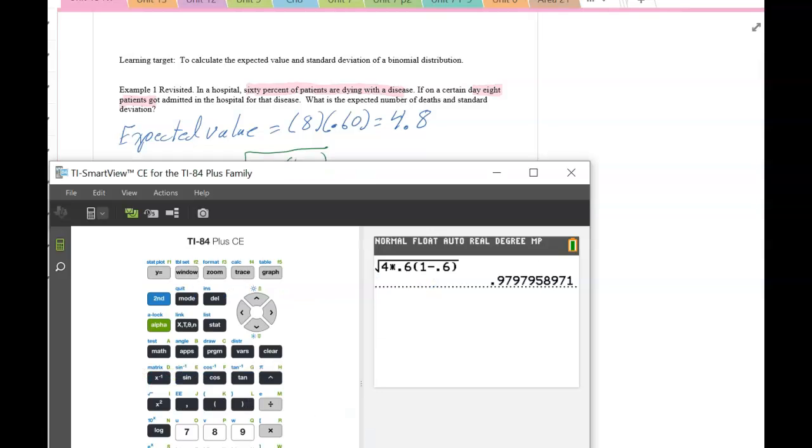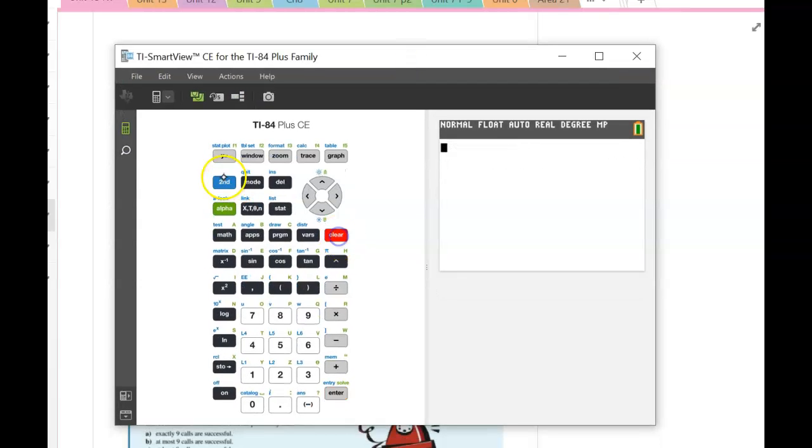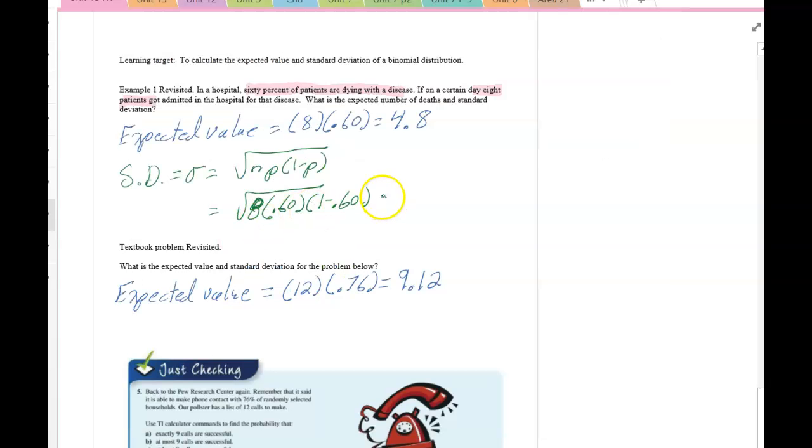So if I were to type that in my calculator, square root 8 times 0.6, 1 minus 0.6, you will get 1.38. And we're going to go 4 decimals.